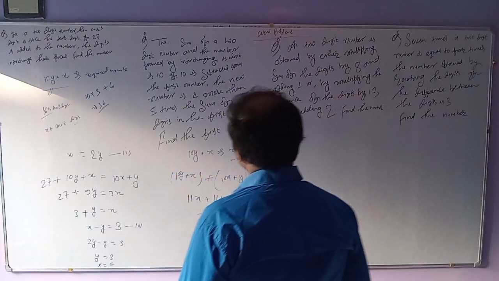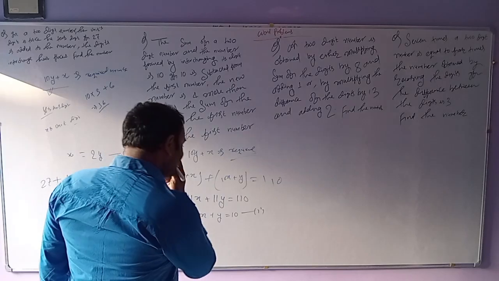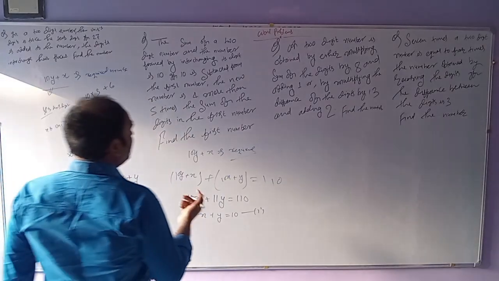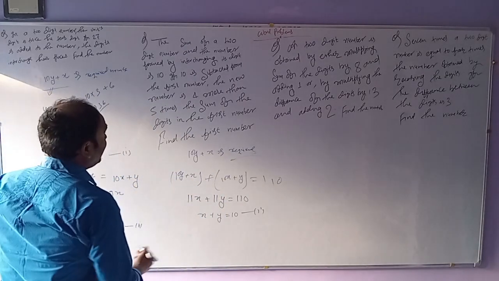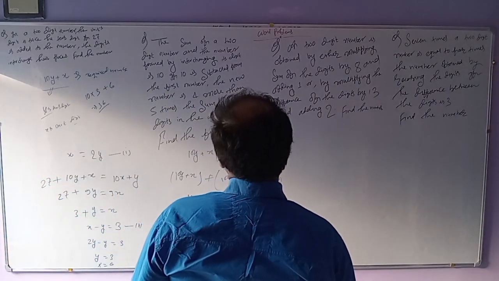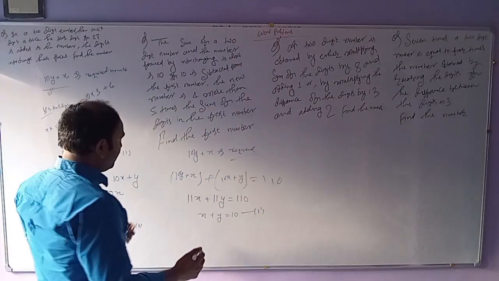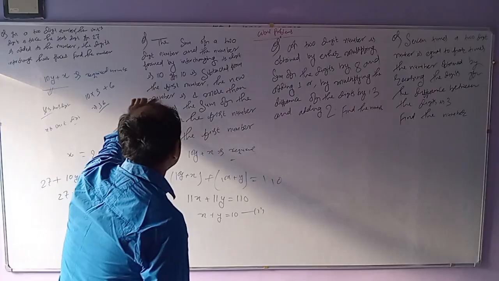In another condition, if 10 is subtracted from the first number, which is our required number, the result is more than 5 times the sum of the digits in the first number.